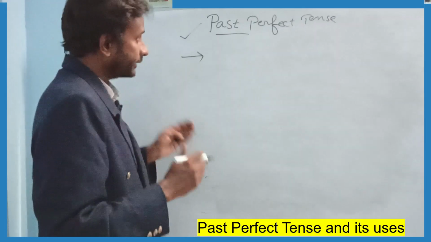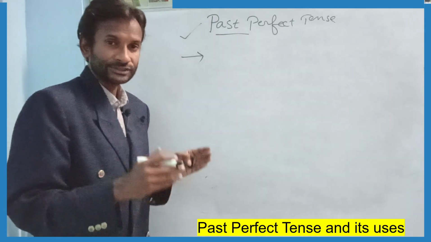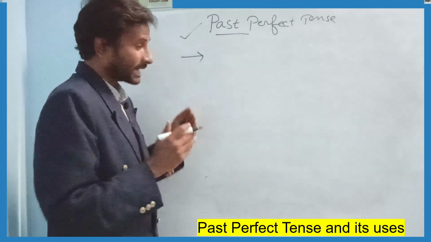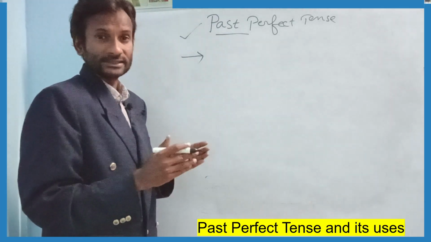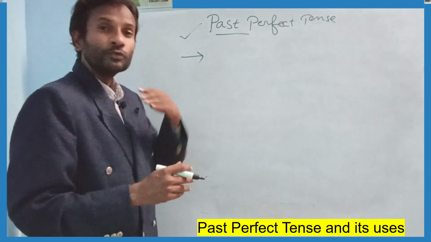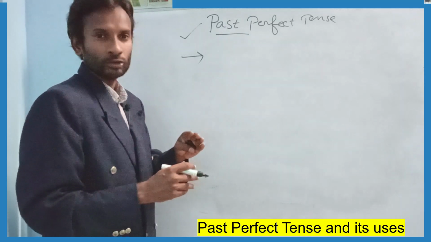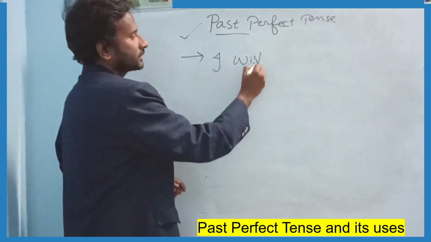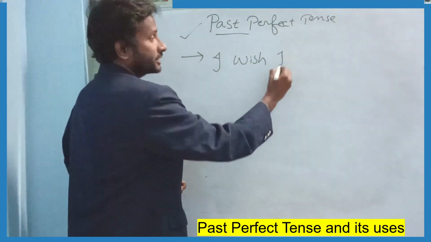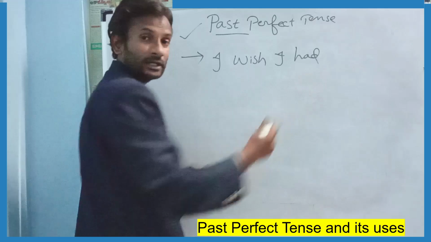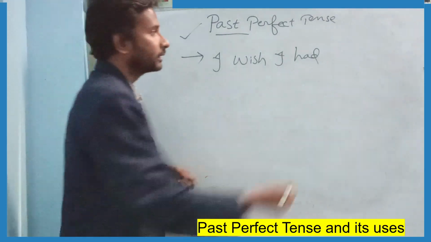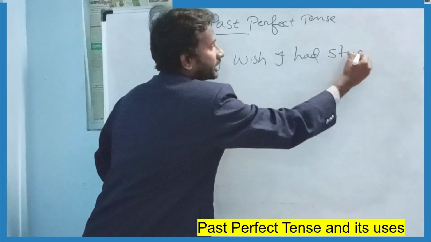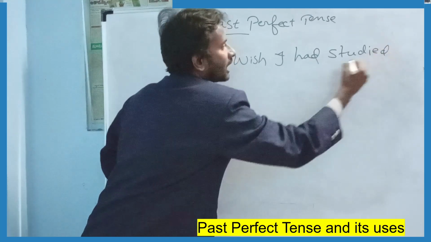We also use past perfect tense to express regrets in the past, or when you wished something to happen and it did not, like I wish I had studied more. You must have failed in the exam, so you are regretting: I wish I had studied hard.